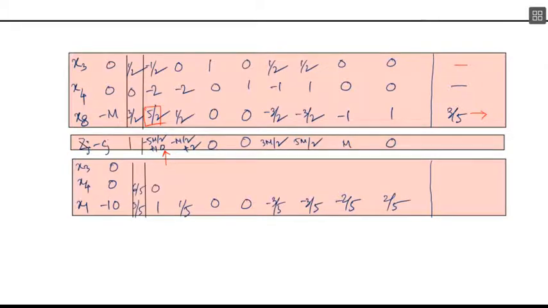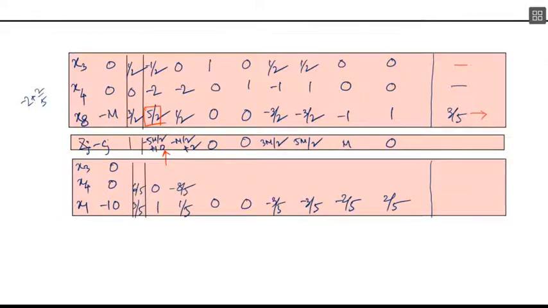It will be 0, minus 2 plus 2 by 5. Let's do the calculation here. Minus 2 plus 2 by 5, so it is minus 8 by 5.